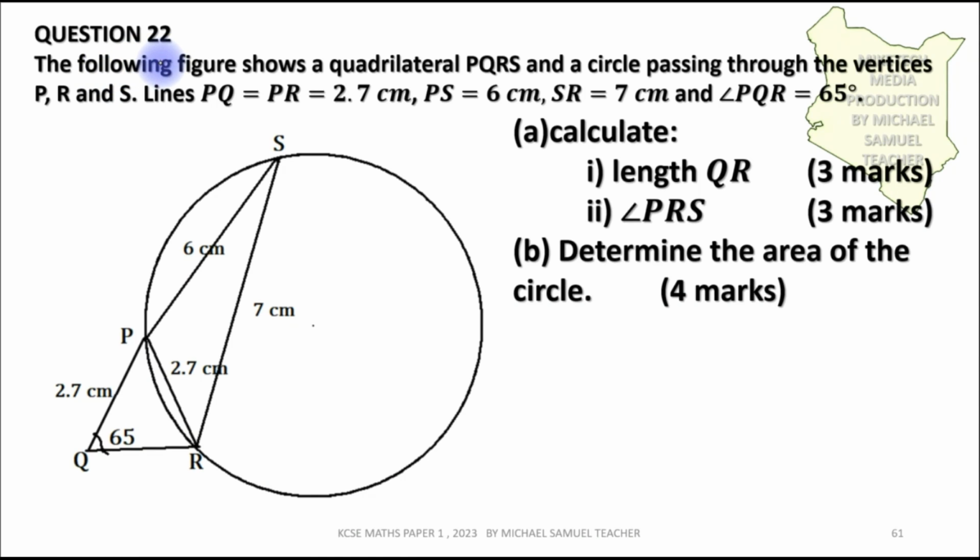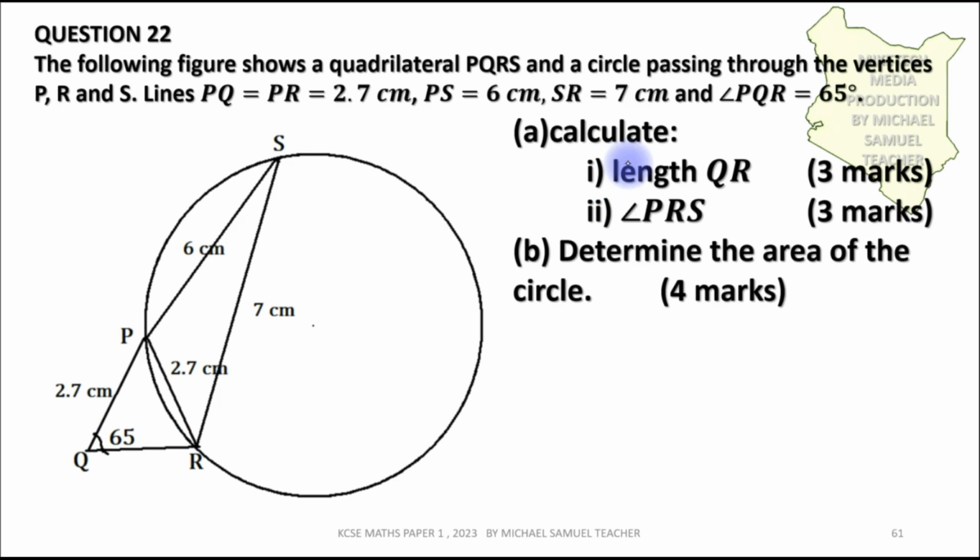Question 22. The following figure shows a quadrilateral PQRS and a circle passing through the vertices P, R and S. Lines PQ is equal to PR is equal to 2.7 centimeters, PS is equal to 6 centimeters and SR is equal to 7 centimeters, and angle PQR is equal to 65 degrees.